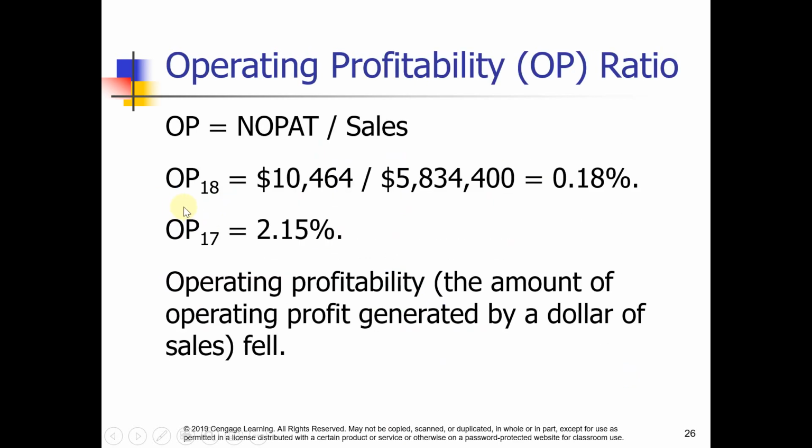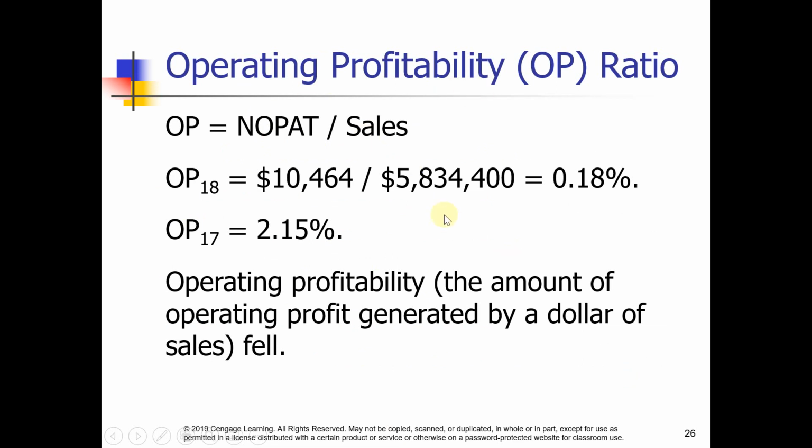Once we calculate free cash flow, or even before that, we can compare different performance measures related to the company. The first performance measure related to the operations is net operating profit after tax, the first thing we calculated for free cash flow, divided by sales. This is called operating profitability.